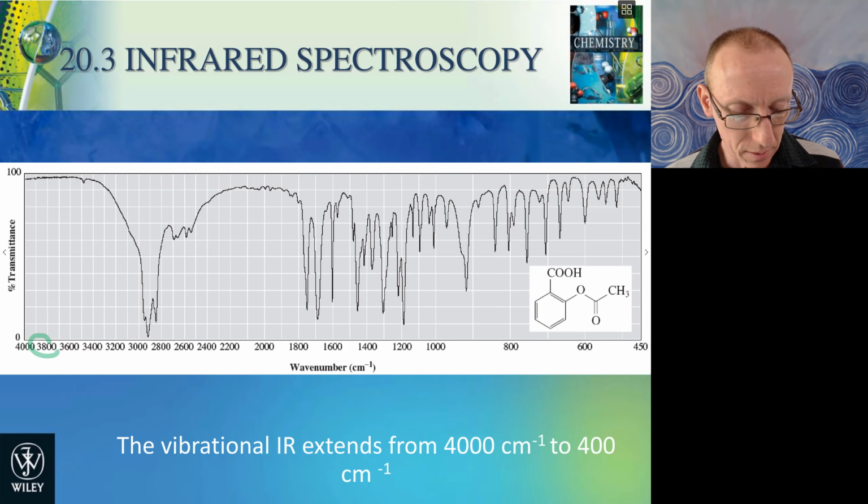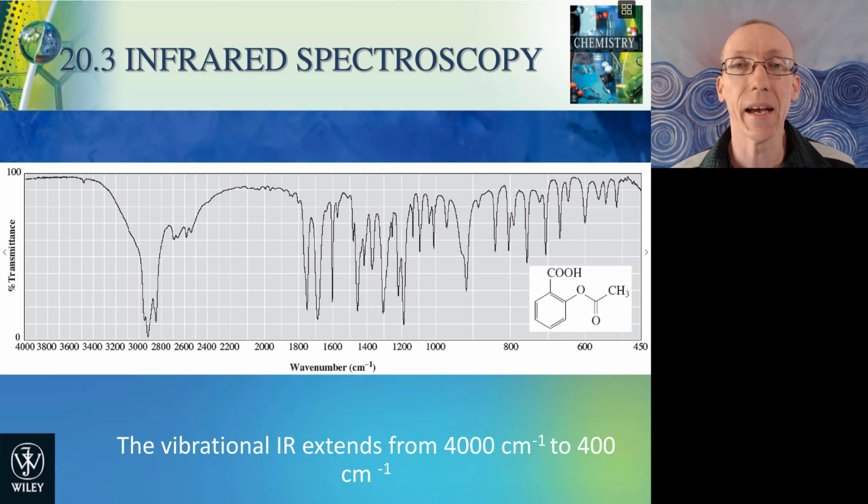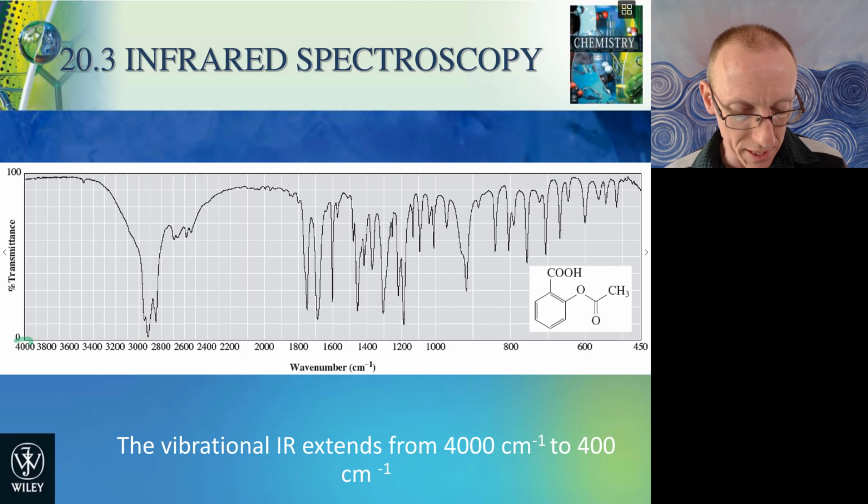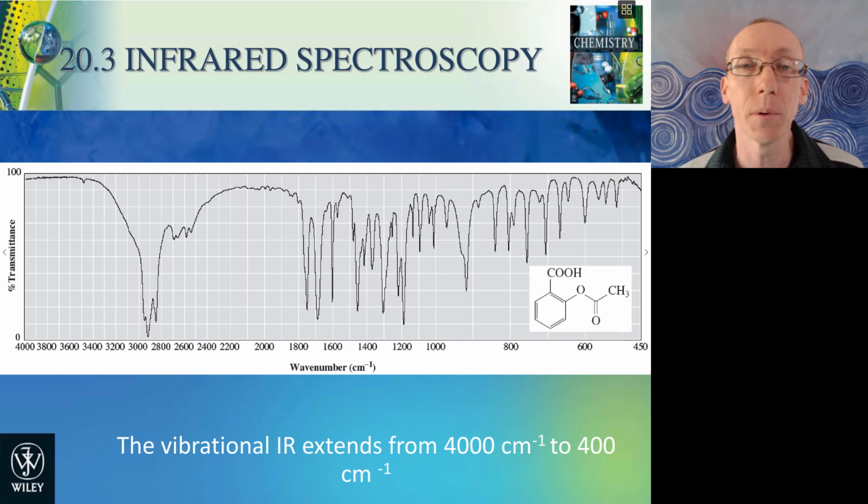And frequency correlates to energy. So these are high energy transitions and these are low energy transitions down here to the right. The part of the infrared spectrum we're interested in is from 4,000 reciprocal centimeters to about 400 or 450 reciprocal centimeters.